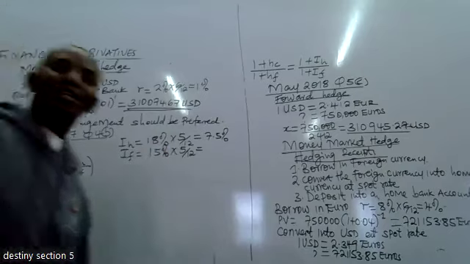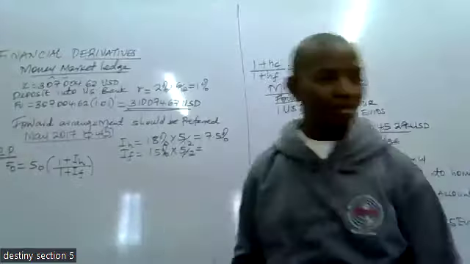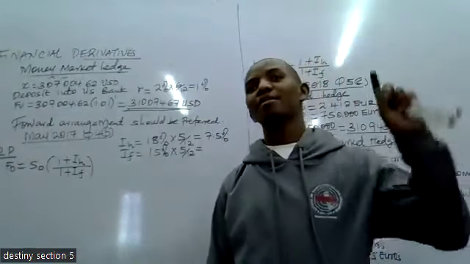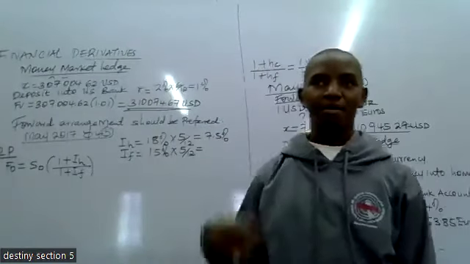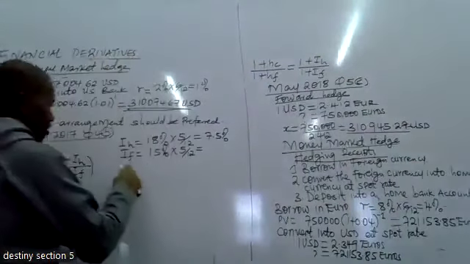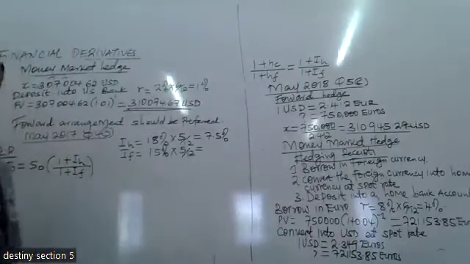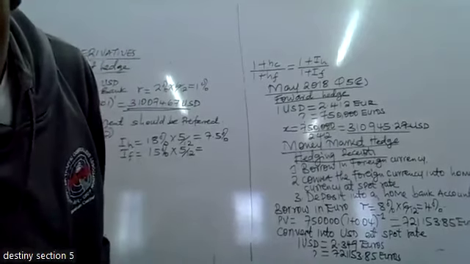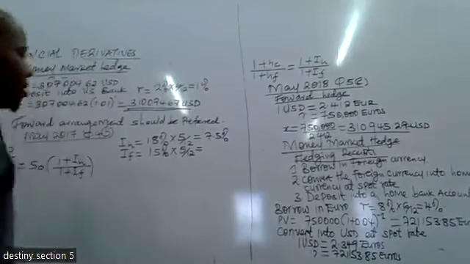I said in foreign you are borrowing, here you are renting or investing or depositing. So for home currency you are either renting, investing or what? Deposit. Foreign currency you are borrowing. So the borrowing rate of the foreign currency is about 6.25%.